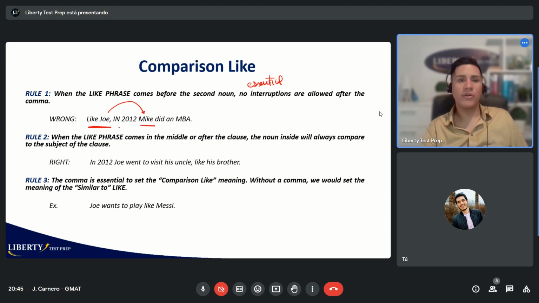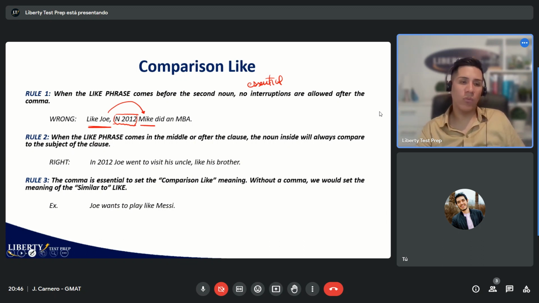What's the matter though? In the middle between Mike and Joe, after a comma, we have an essential modifier, which is the prepositional phrase "in 2012." That makes it wrong. We don't want that. That's bad. Why? Because in this case, it's interrupting the touch, and they need to touch.